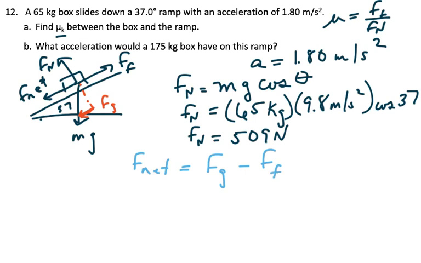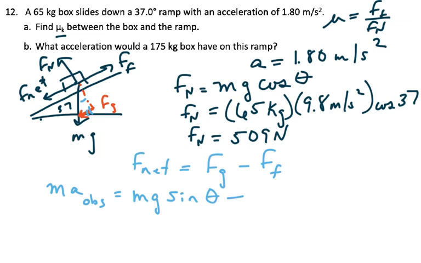So the net force is going to be equal to the mass of the object times the observed acceleration, is equal to the force due to gravity, which is going to be the mass of the object times g times sine theta, because we're talking about this one, which is opposite to the angle, minus the frictional force.